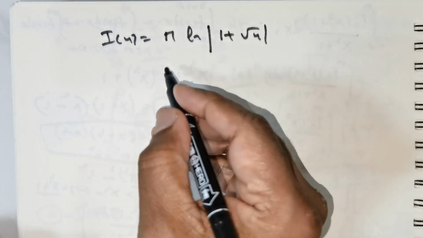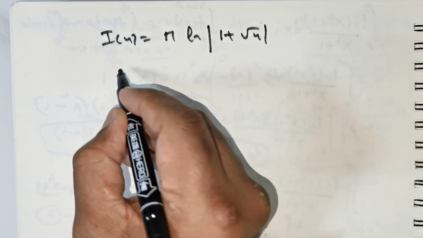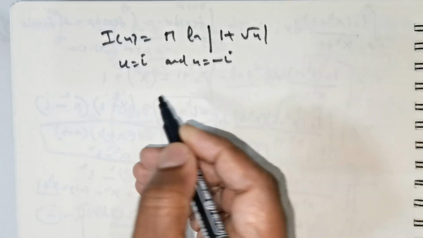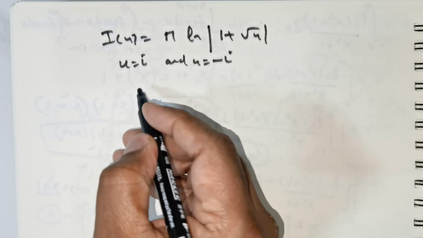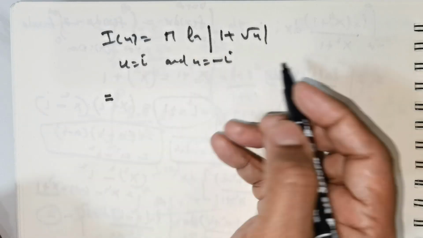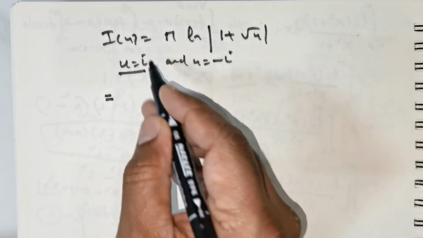Now we need to extract two values. That is important, right? That is when u is equal to i and u is equal to minus i. So these two values have to be obtained. That would give us the final value. That means we need to add them up, and of course there are a few simplifications that have to be done. So let me just take when u is equal to i.